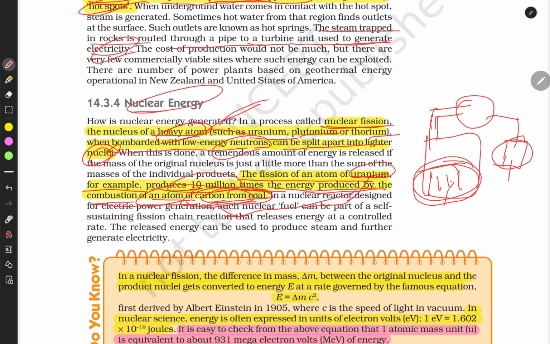One uranium atom breaks down, and some lighter elements form along with the heat, and this energy is 10 million times more than the energy we receive from a carbon atom during combustion.